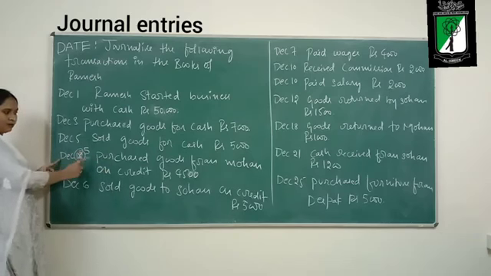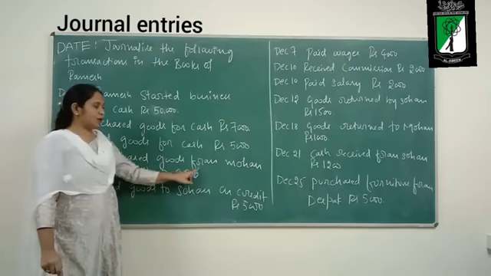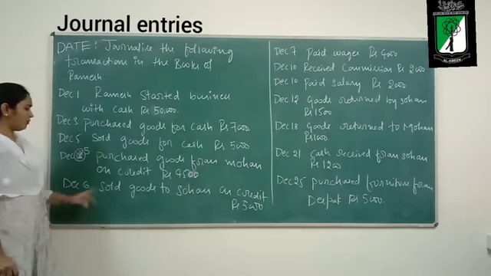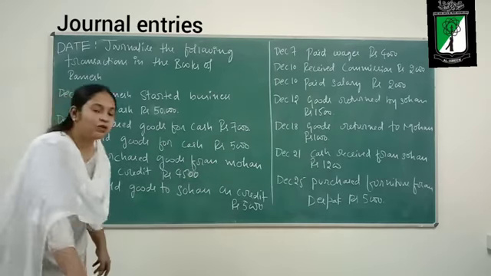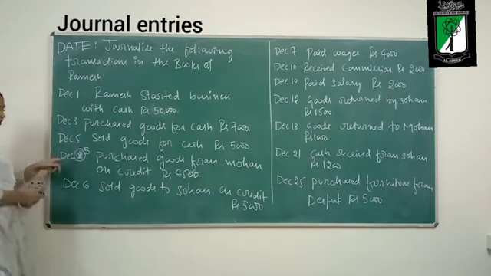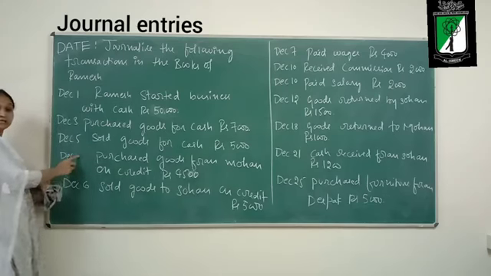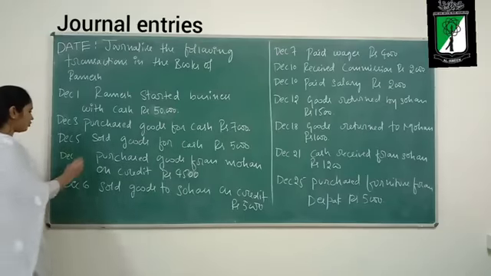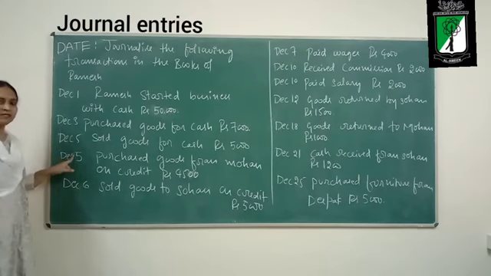December 5th, purchase goods from Mohan on credit rupees 4,500. In the previous sum I had given the date for this transaction as December 12th. It is not December 12th, it is December 5th.